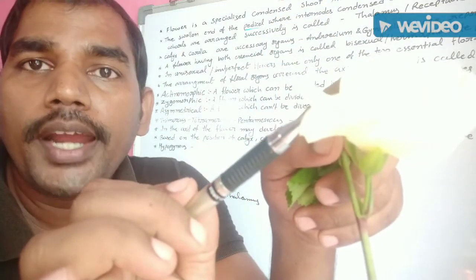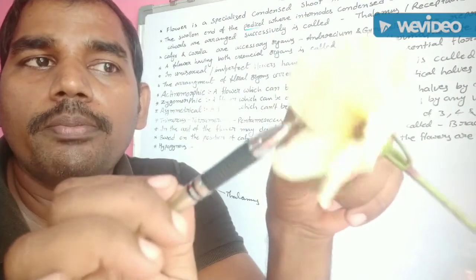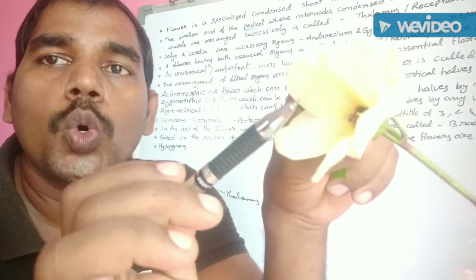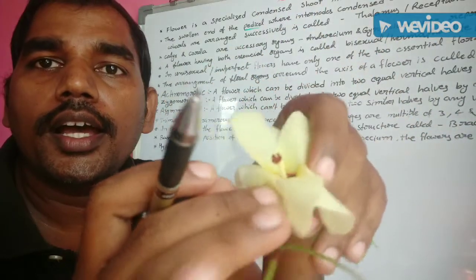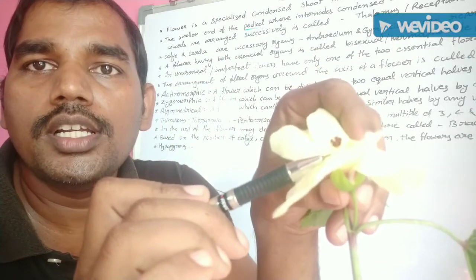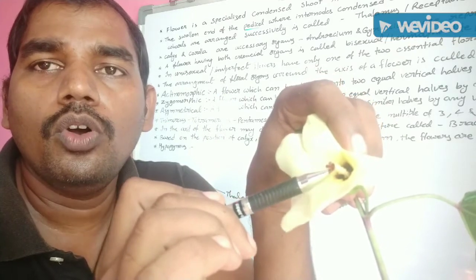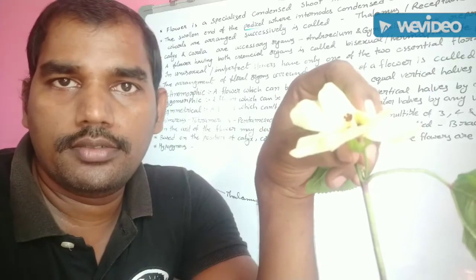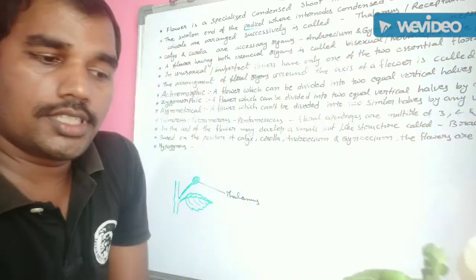Another, the bright, white-colored, attractive part, is known as petals or corolla. Next one, this one is the gynoecium. Anthers are present in white color. Gynoecium and androecium are present inside the corolla. So, these are the different parts of flowers.